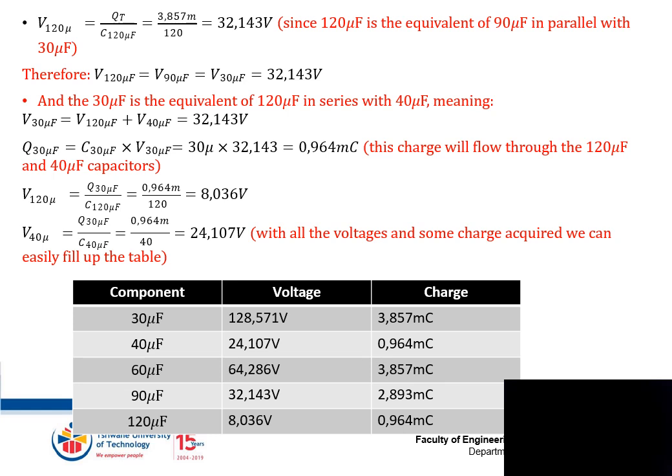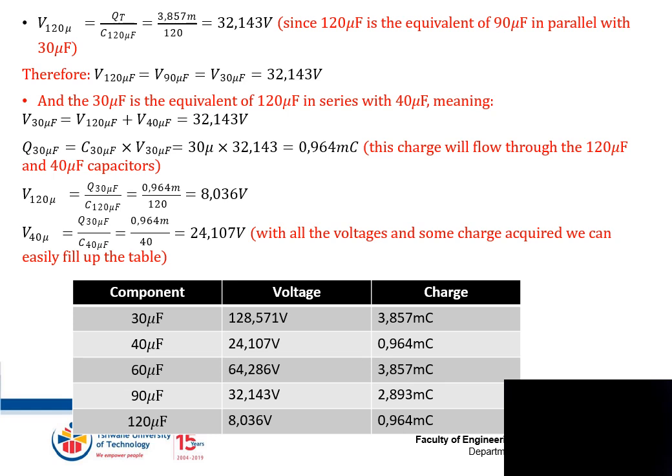Then the charge for 30 microfarads is equals to C30 times V30, which gives us 0.964 millicoulomb. This charge will flow through the 120 and the 40 microfarad capacitors.